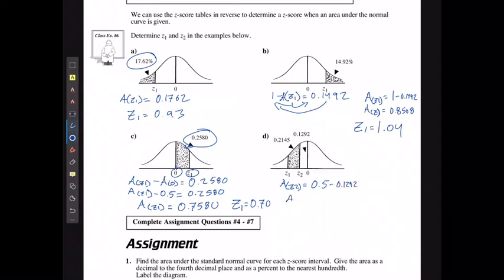The area of Z2 is going to equal 0.3708, which means that Z2, if I go to my chart, is negative 0.33.